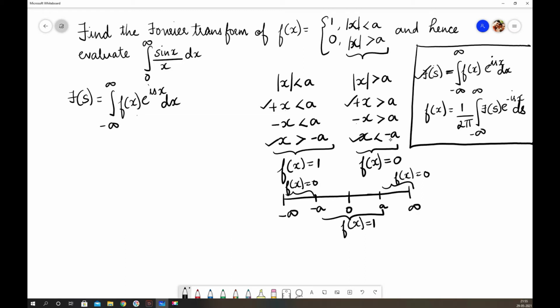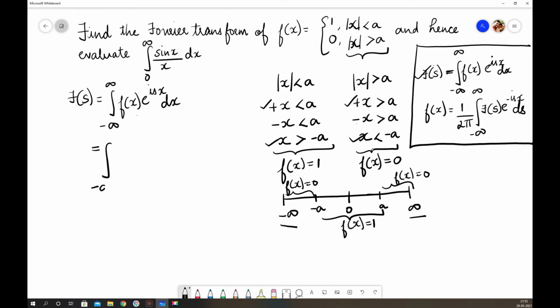So now I will write the formula. I will change the limit and write it. How do I change the limit? Minus infinity to plus infinity, I am changing it.